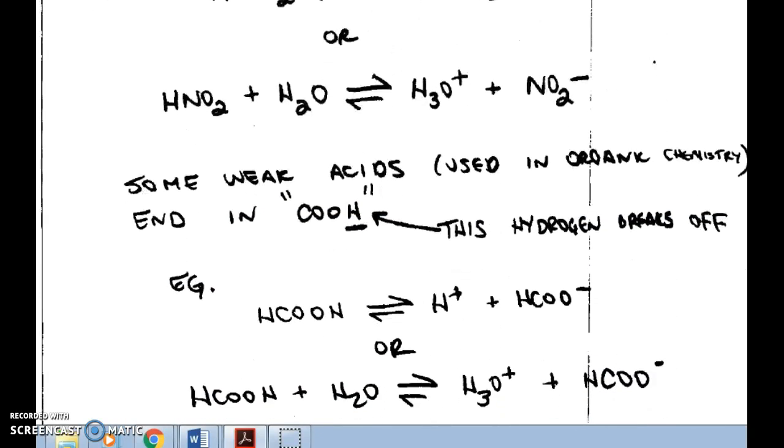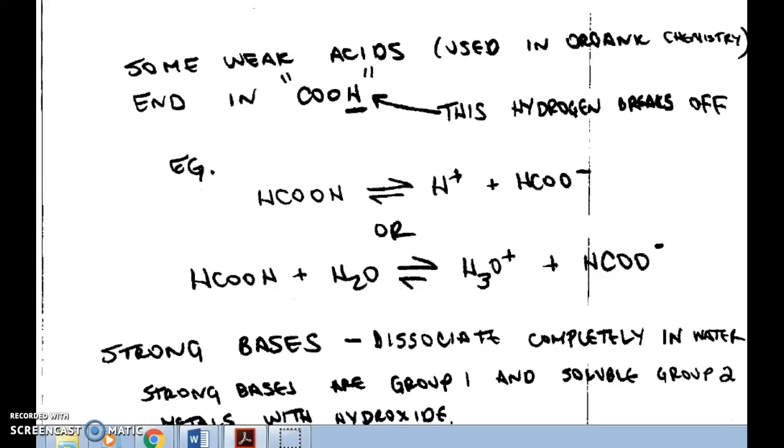There is a category of weak acids that are used in organic chemistry that you might see on the AP exam. They're known as carboxylic acids. They end in COOH in their chemical formula. Organic chemistry sort of writes the order of the elements a little bit differently. And it's the H at the end of the COOH that breaks off and becomes the H plus ion.